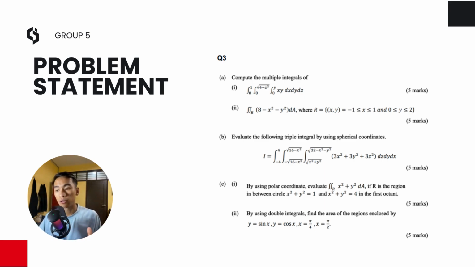On C, the first question is, by using polar coordinates, evaluate the equation if R is the region in between circle x squared plus y squared equals 1 and x squared plus y squared equals 4 in the first octant.